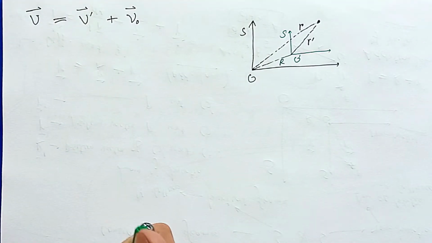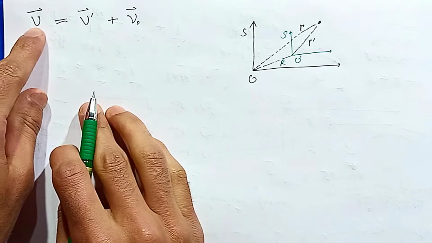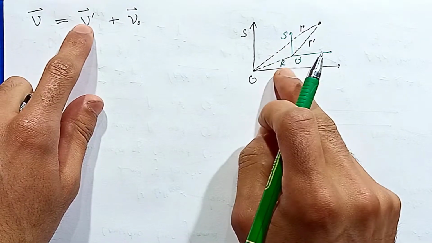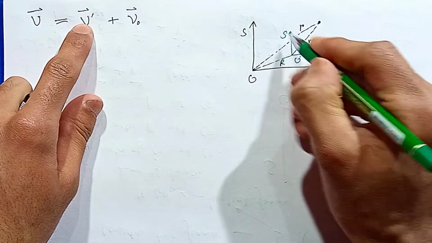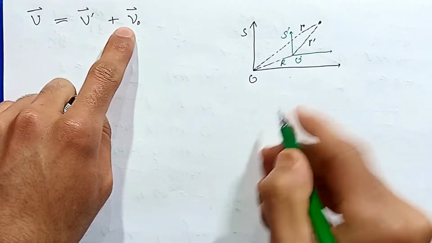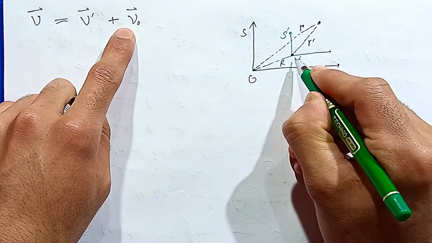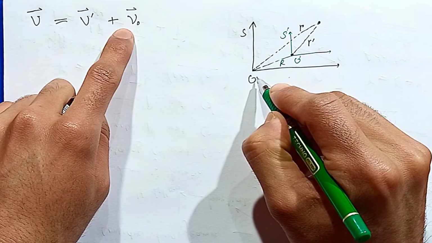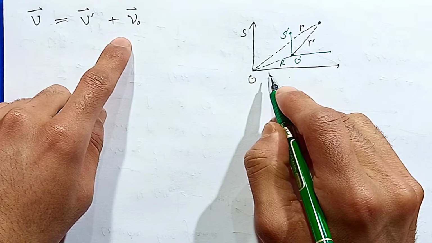So the velocity comes out to be v equals v prime, that is with respect to the frame of reference S prime, plus v0. This is the velocity of the origin of the non-inertial frame of reference with respect to the inertial frame of reference.